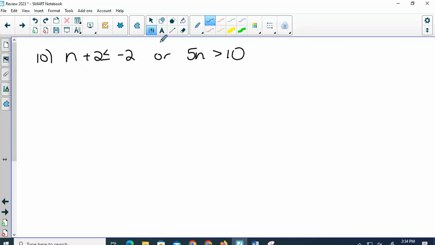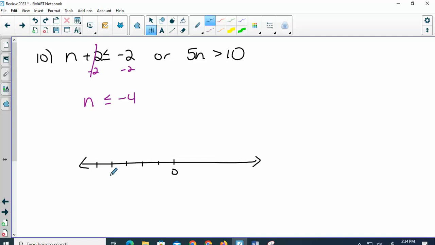So the first one, subtract our 2. So we get n is less than or equal to negative 4. So on your number line, would it be an open or a closed circle? Closed. Because of the equal to, we do a closed circle at negative 4, and then which way is it going to go?